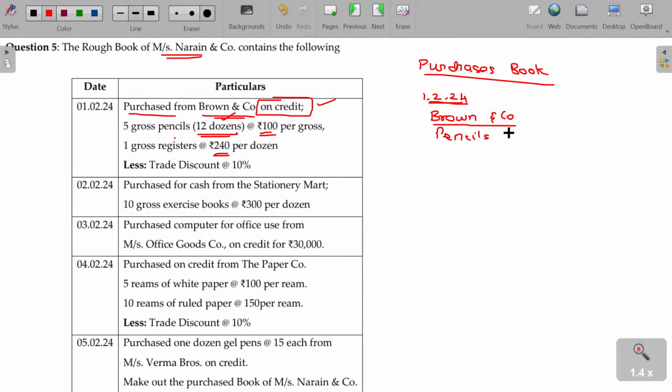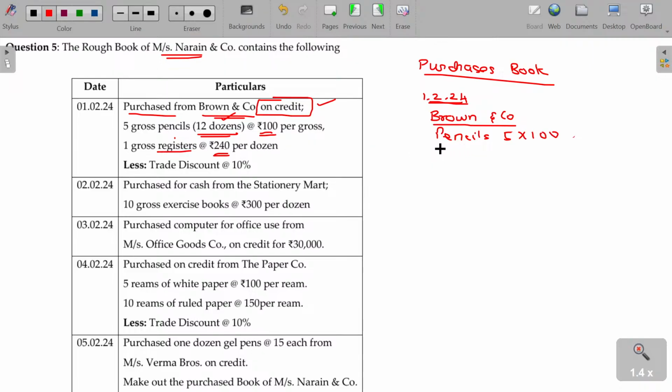So 5 into 12 dozens into 100 rupees. 1 gross is equivalent to 12 dozens. Is that clear? Okay, per gross. 5 gross pencils and per gross is 100 rupees.